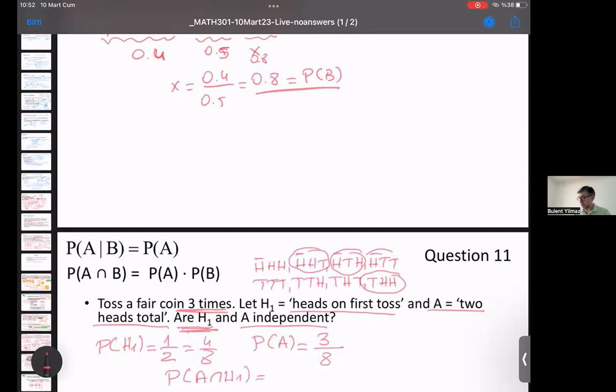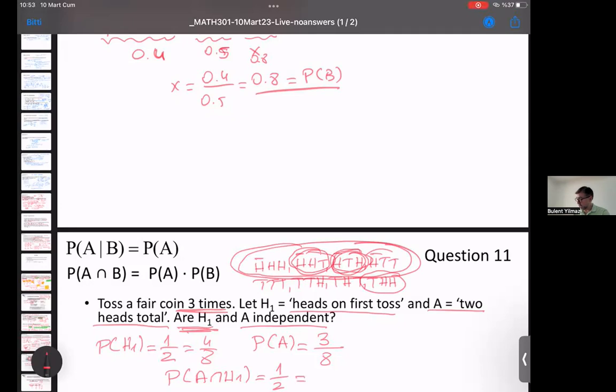What's the probability of A intersection H1? So heads on first toss and 2 heads total, right? First head, 2 heads total: out of 4 possible outcomes, 2 of them are 2 heads situation. So it will be 1/2.